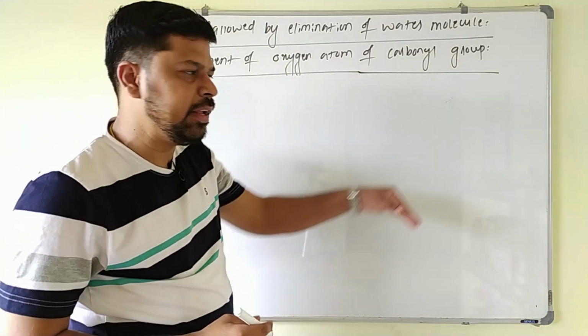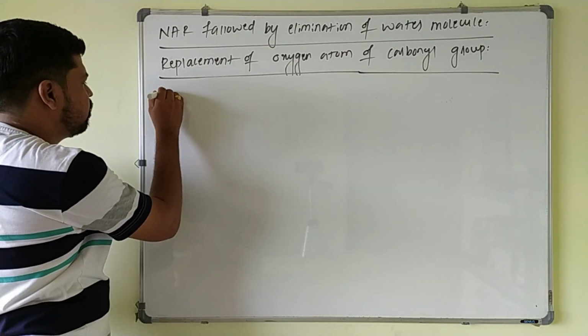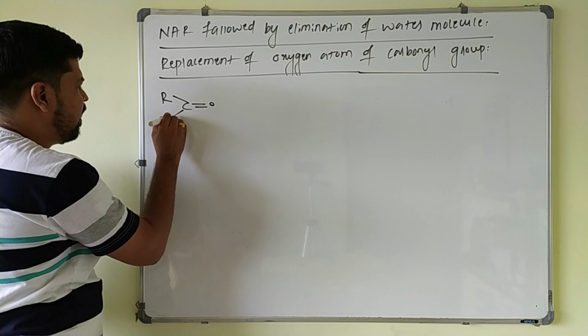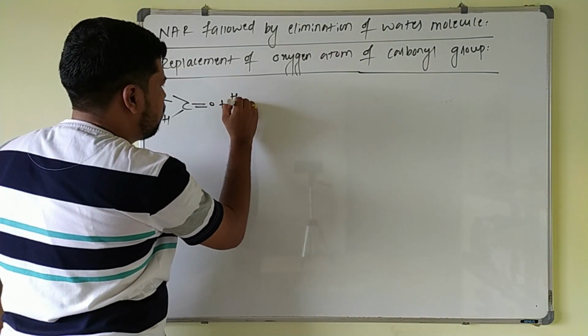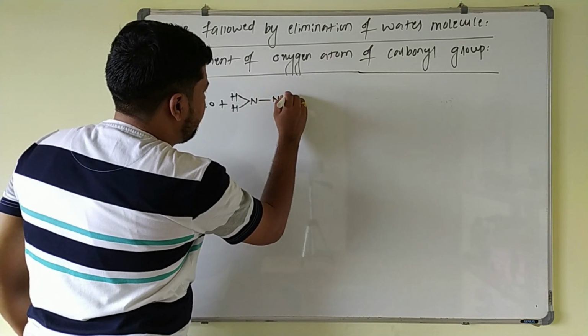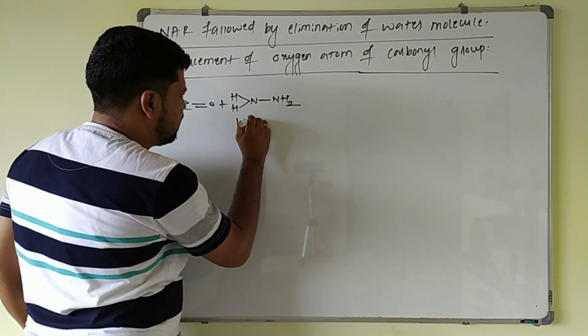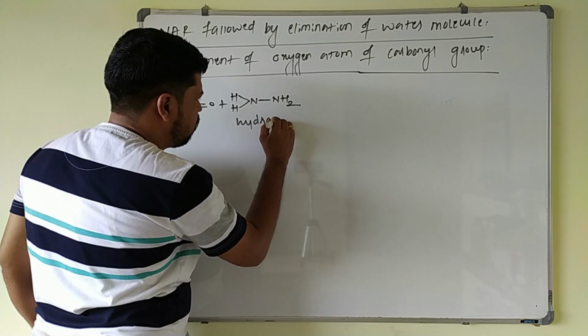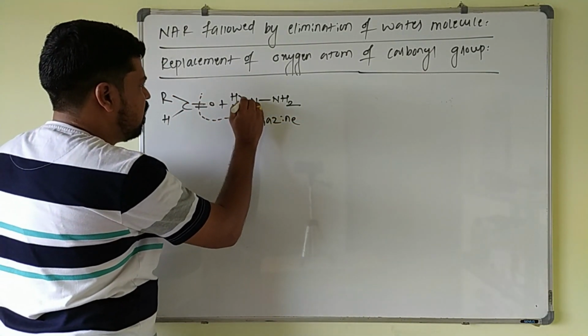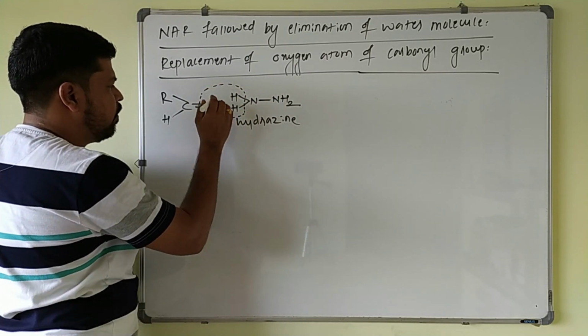So next reaction. The next example is take aldehyde. Aldehyde reacts with hydrazine. You know that hydrazine is nothing but NH2NH2. This is your hydrazine. So here oxygen and 2 hydrogens are removed. This will be water.